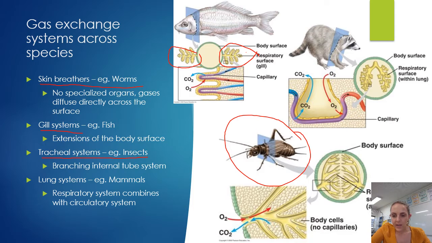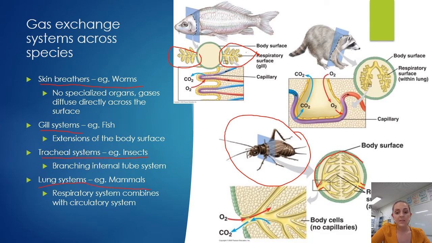This is basically its body, and then there's these openings here which are going to allow gases to pass in and out. And it's straightforward. Environmental gas comes in, moves throughout the body via these tubes, and then the gas products leave.